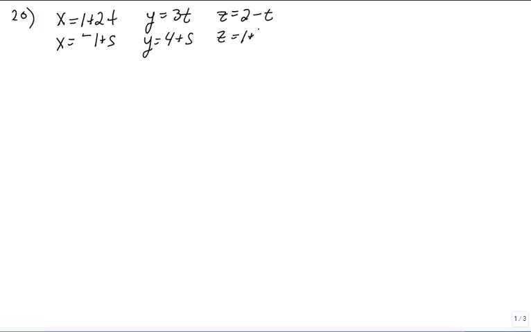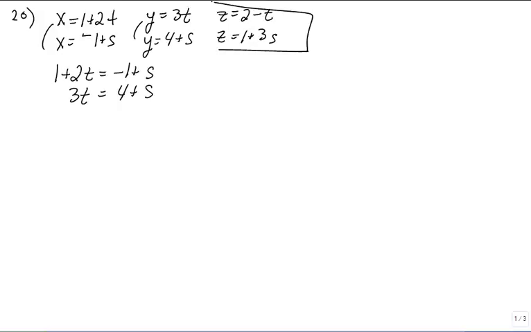So I have two lines. Okay, I set these two equal and these two equal, and see if it satisfies this last one right here.